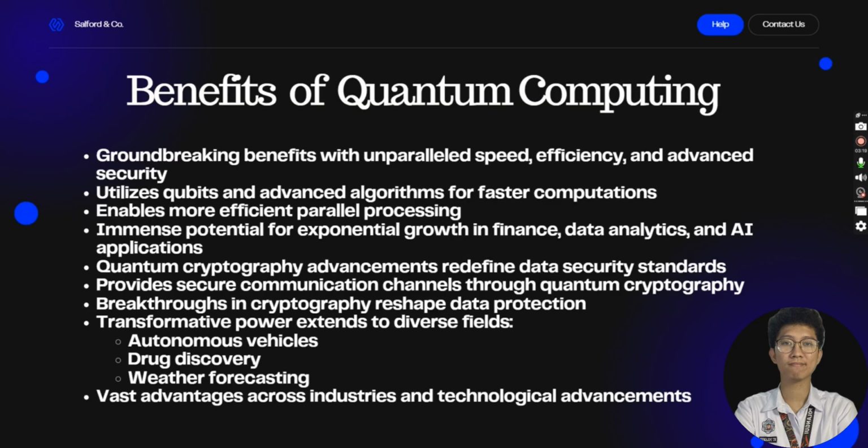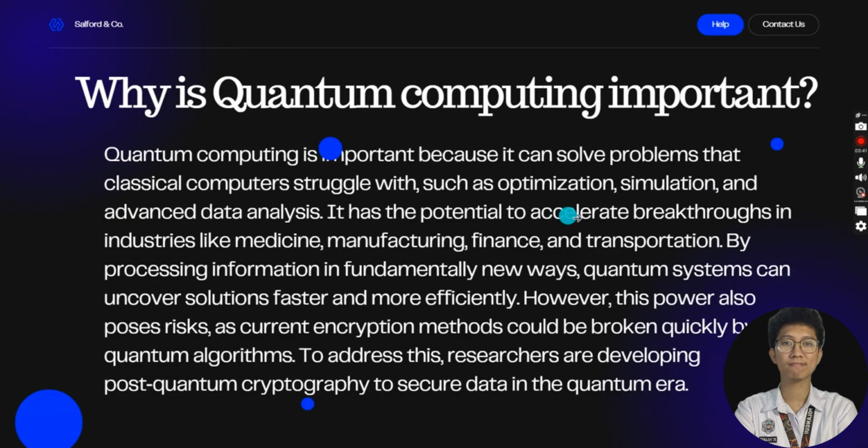But here are the benefits. With its unparalleled speed, efficiency, and advanced security, it's going to have groundbreaking benefits. It utilizes qubits, advanced algorithms, and enables more efficient parallel processing, etc. So why is quantum computing important?